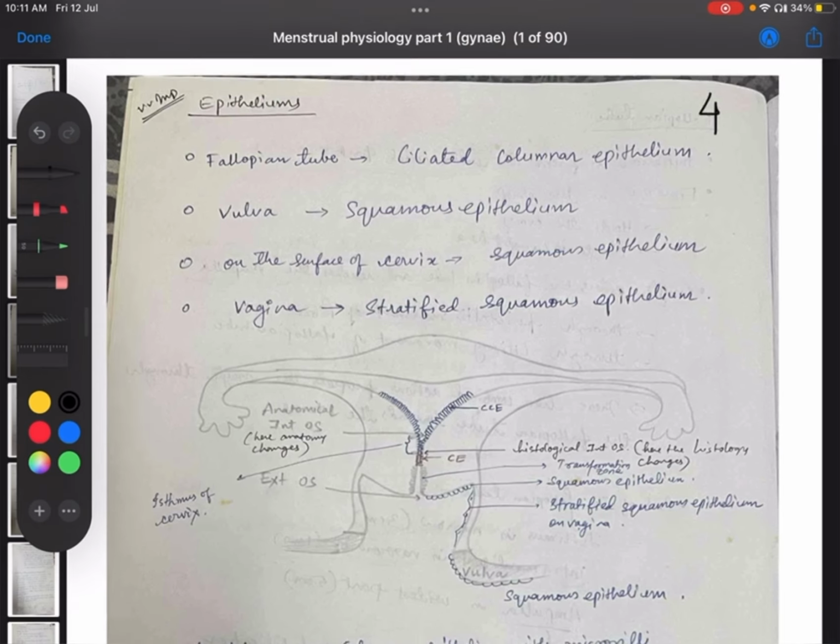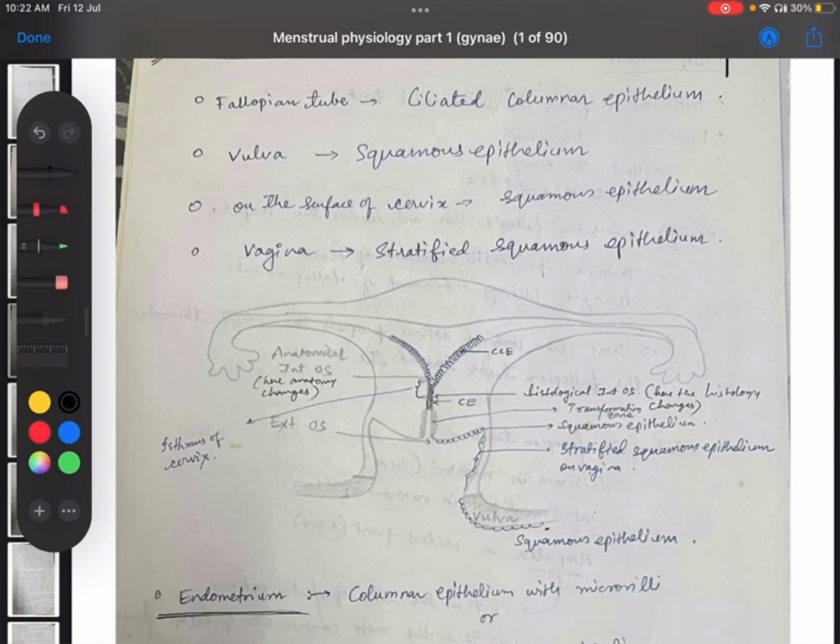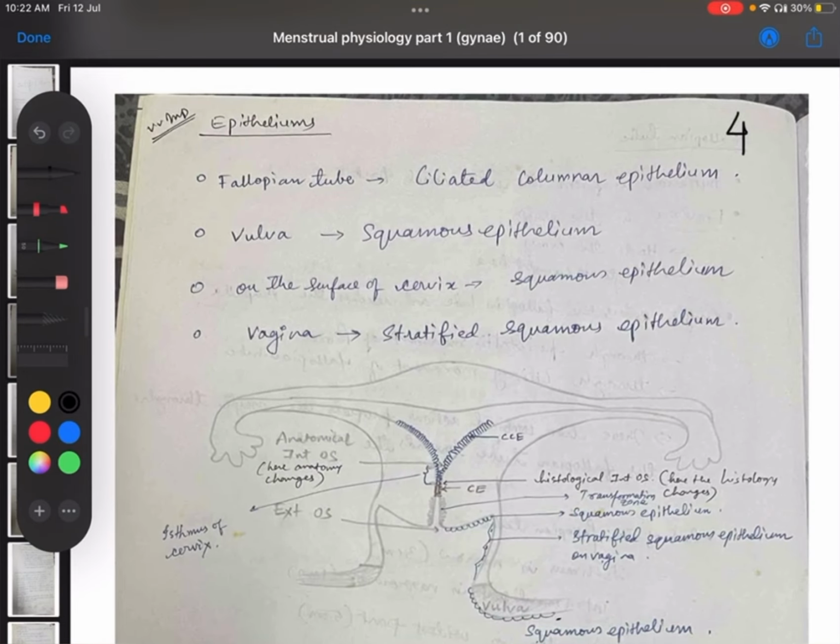Now let's understand what is epithelium. So we were talking about the epithelium. Basically the female reproductive system is made up of various epithelium on the inner linings.